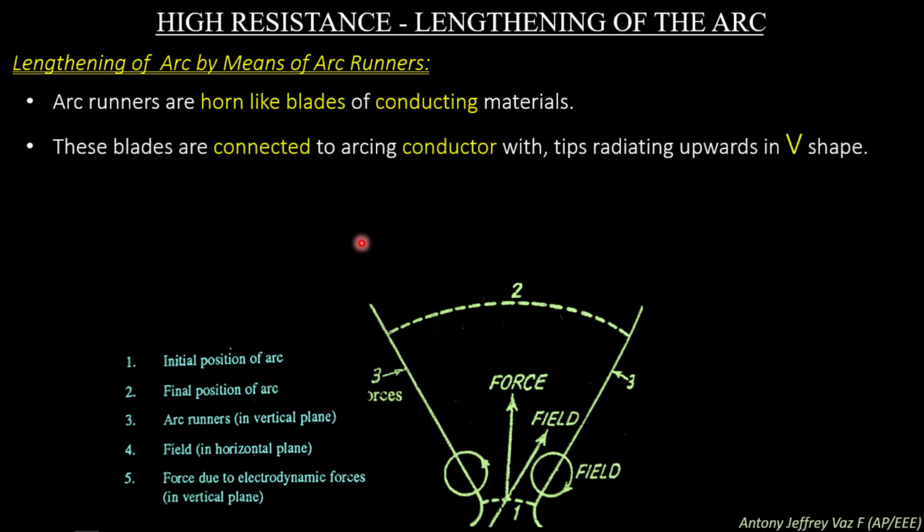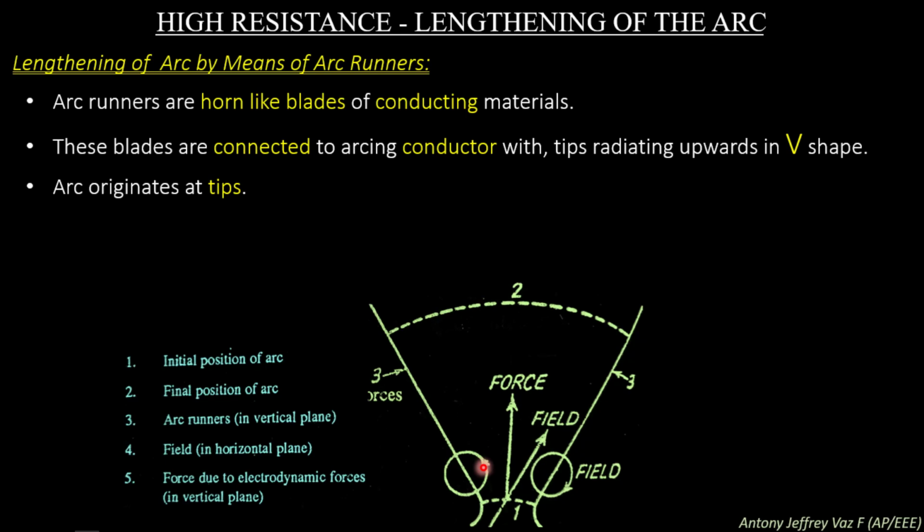These blades are connected to the arcing conductor, with tips radiating upwards in a V shape. These horn-like blades are in V shape, and they are connected to the arcing conductors in this region.